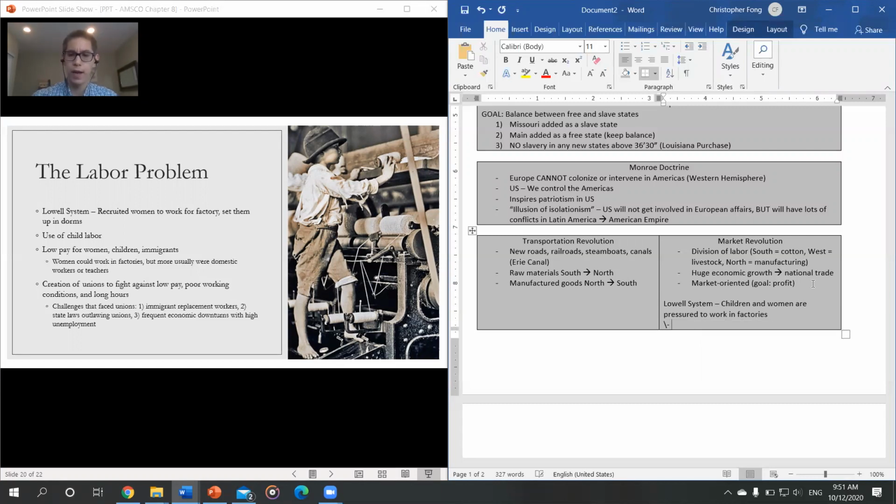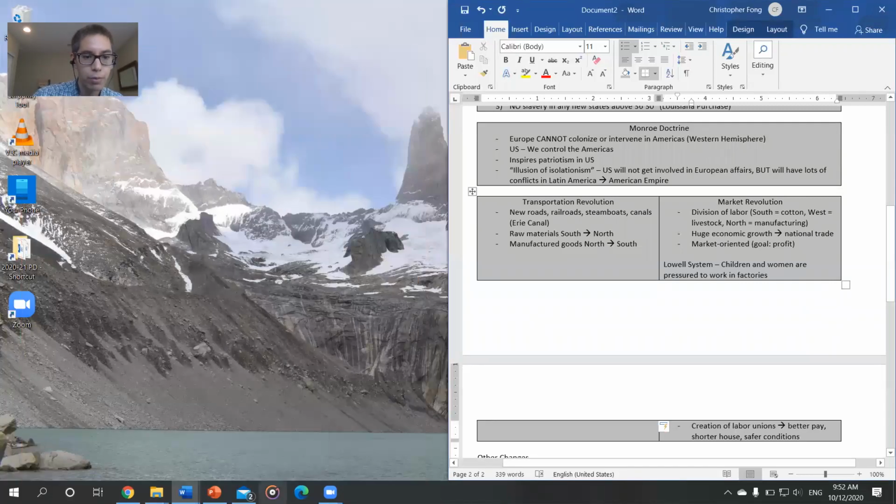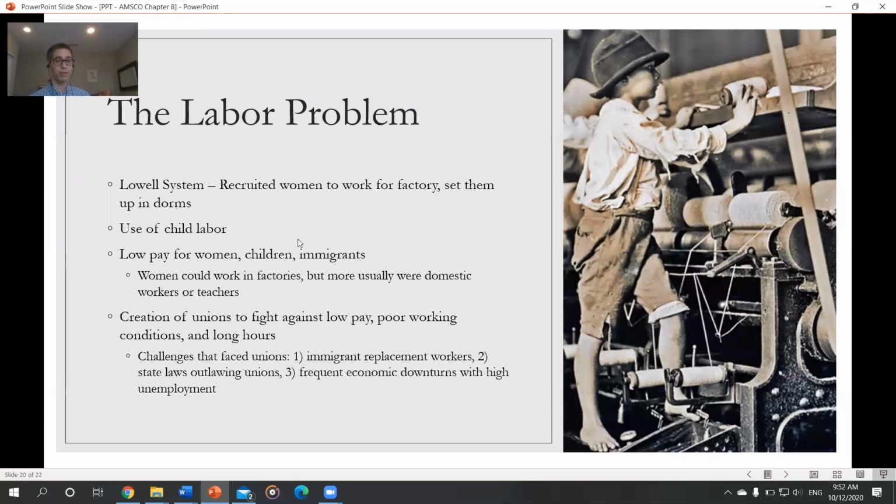And so to fight against these poor working conditions, we have the creation of labor unions to fight for better pay, shorter hours, safer conditions, things like that. Now these unions will face some challenges.